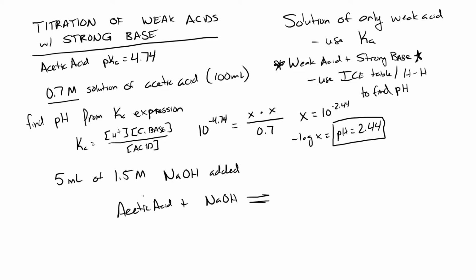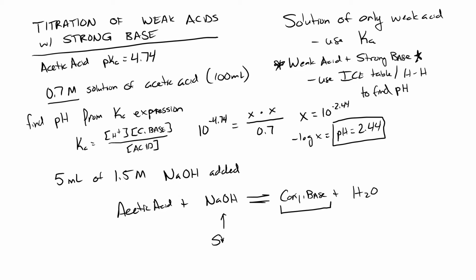And the products of this are going to be the conjugate base of acetic acid plus water. Now, the good news is, of course, water we don't have to worry about in our equilibrium constant calculations because water is a pure liquid. Right? The conjugate base here, we have to worry about if this reaction is producing significant amounts of conjugate base.